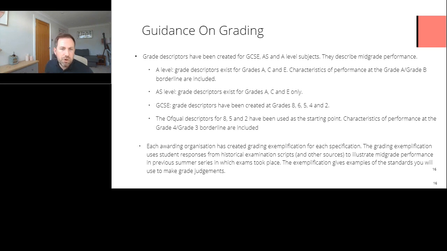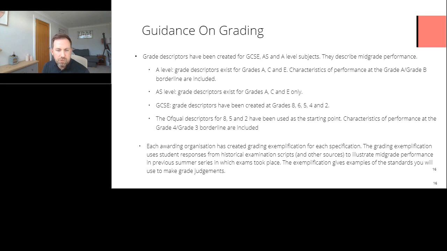So I've mentioned before that to support you in your grading, the awarding organisations have produced grade descriptors for GCSE, AS and A-level subjects. We've used the mid-grade performance to describe performance across those subjects and across those qualifications this year.